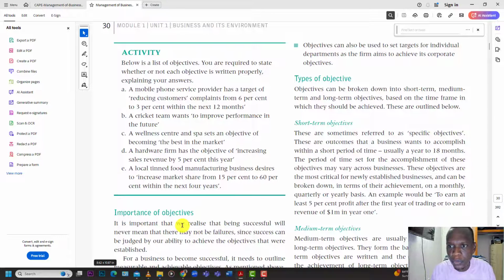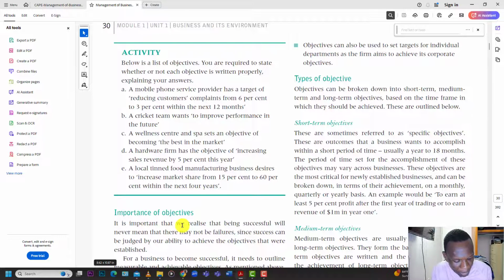Objectives can also be used to set targets for individual departments as the firm aims to achieve its corporate objectives, right? So if you look at the larger scheme of things, you can set objectives for the various departments, and when they achieve those objectives, that would be a sum of the parts.